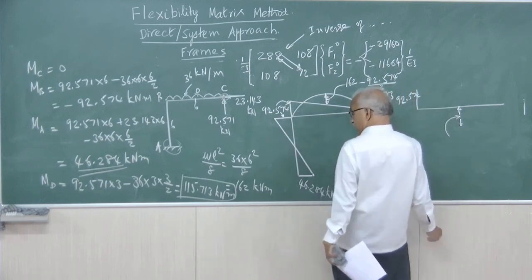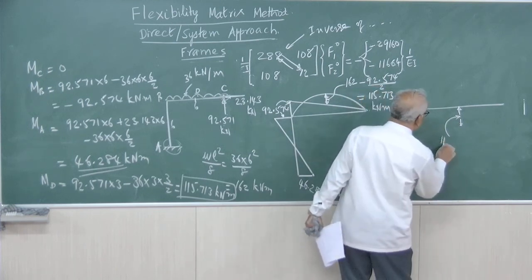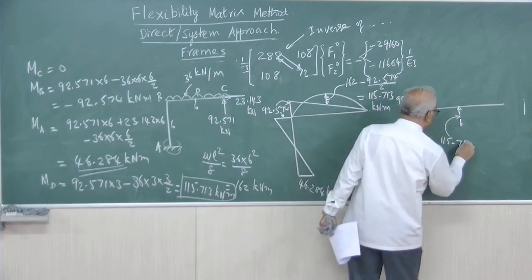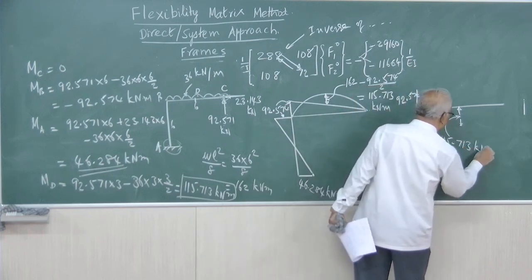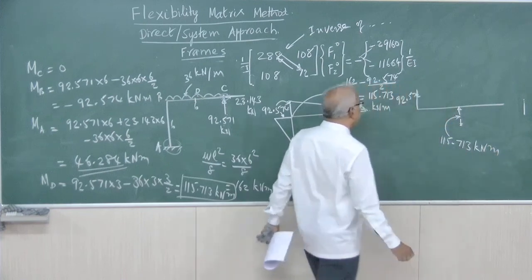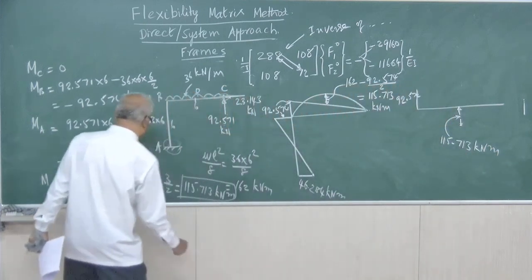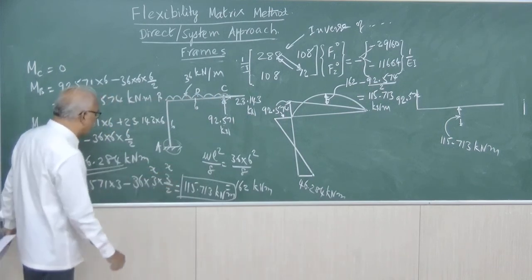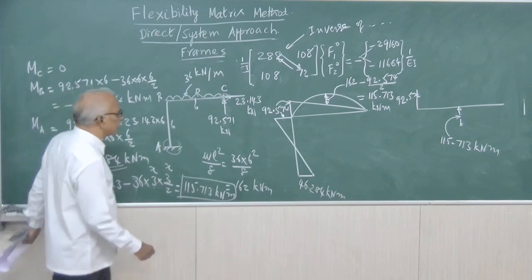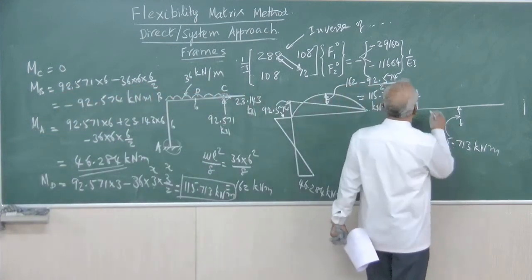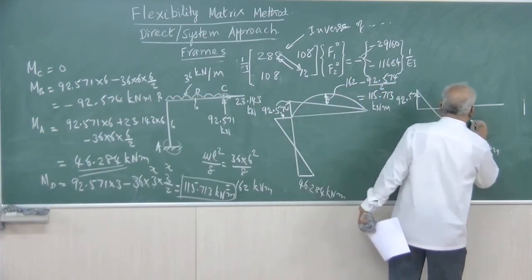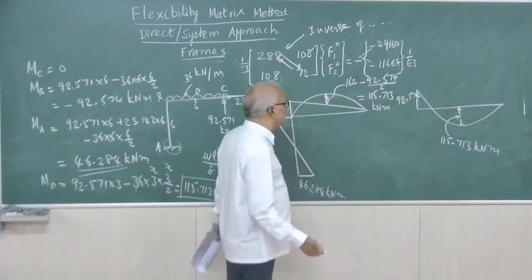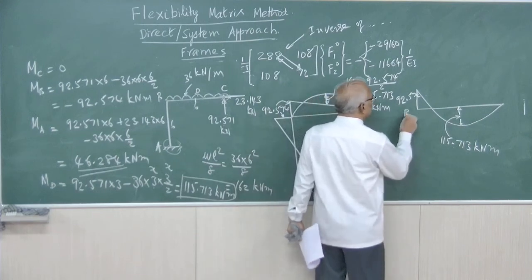So this value will be 115.713. If this is taken in terms of x, this in terms of x by 2, it will be quadratic. So then we will be plotting the diagram as a parabola, like this. So this is the other way of plotting the bending moment diagram for the beam BC.